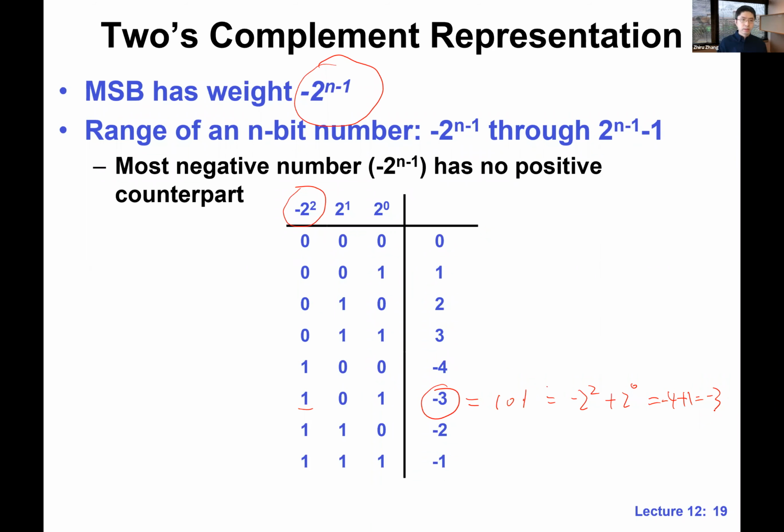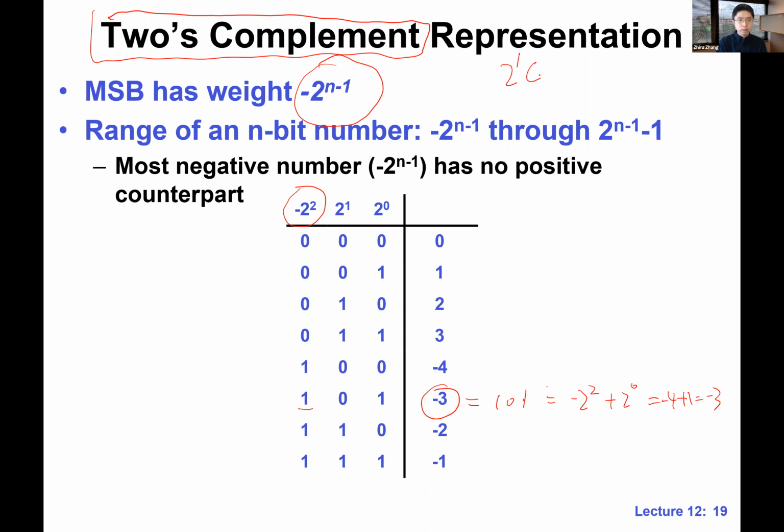This is the system that we're going to use for the rest of this course, and also a system that's used in most modern microprocessors. This is called 2's complement representation. In many cases, we'll just use the shorthand 2C, where C means complement.